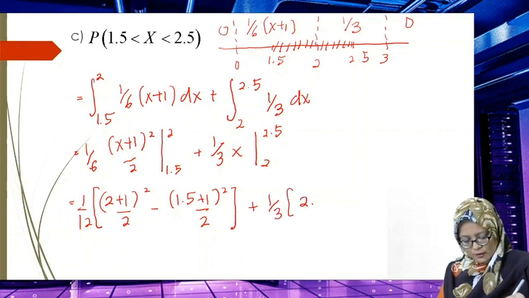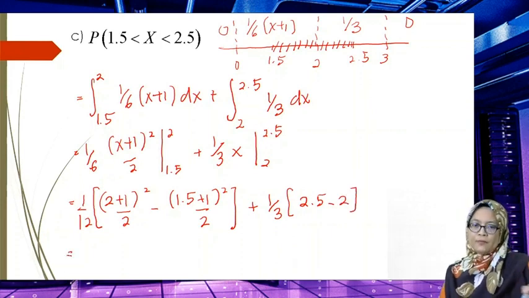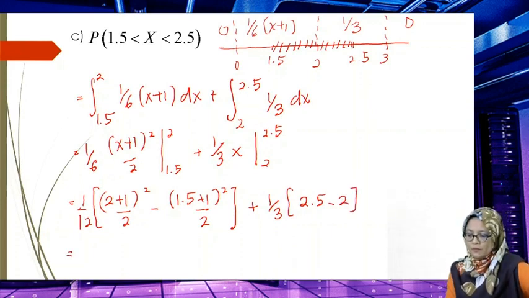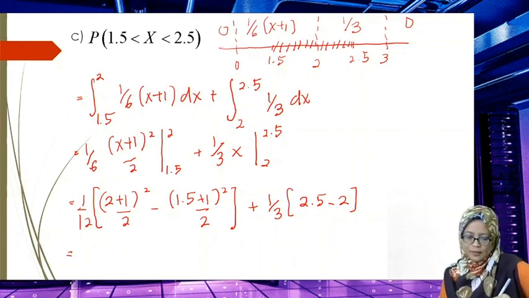X is 2.5 minus 2. Okay, so calculate or simplify, you akan dapat 0.395.